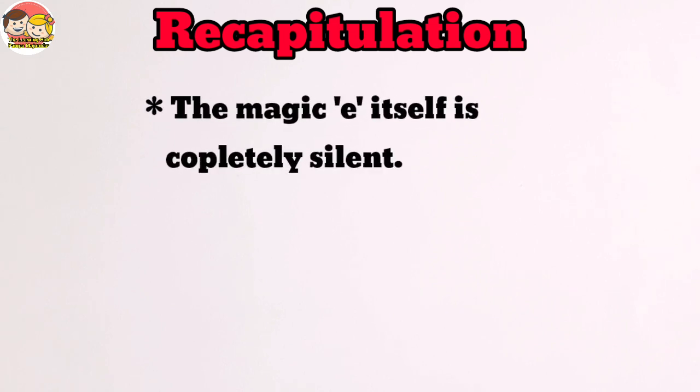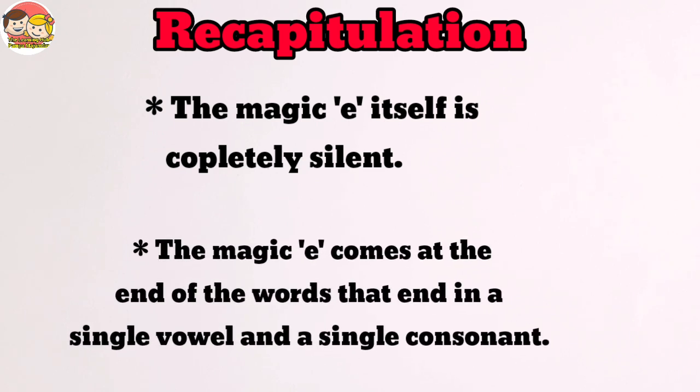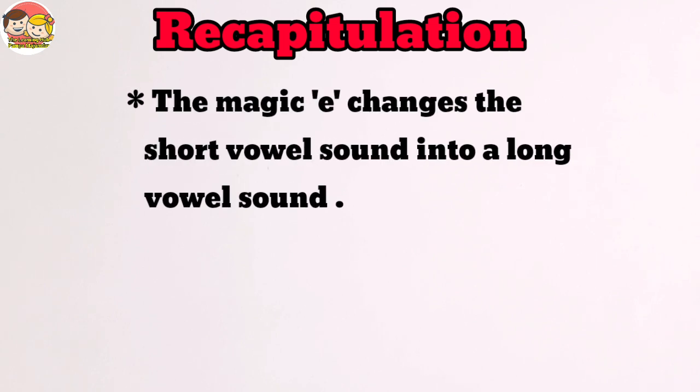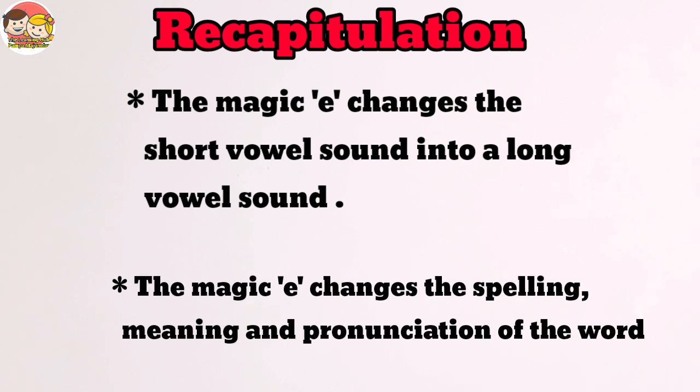The magic E itself is completely silent. The magic E comes at the end of the words that end in a single vowel and a single consonant. The magic E changes the short vowel sound into a long vowel sound. The magic E changes the spelling, meaning and pronunciation of the word.